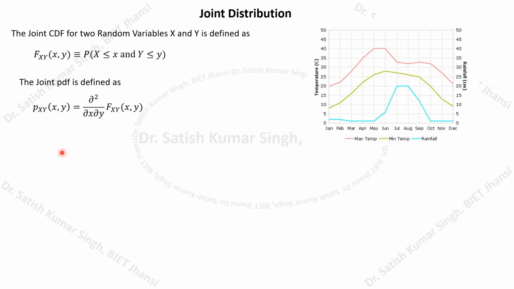Now here we can see that because it is a joint PDF, after all, it is a probability density function. We already know that the area under the PDF curve is always equal to 1. Because it is a joint PDF, this integration we have to do with respect to both random variables x and y.